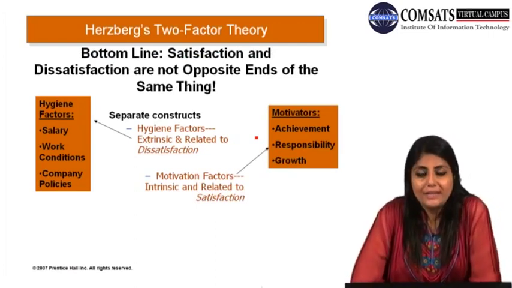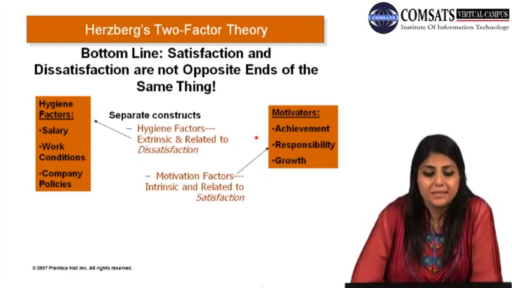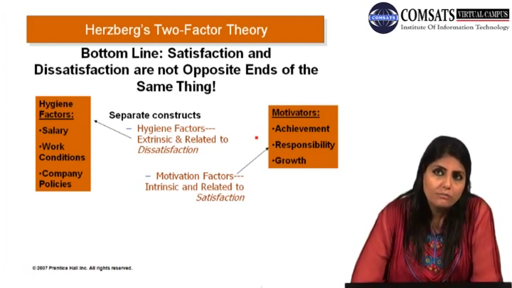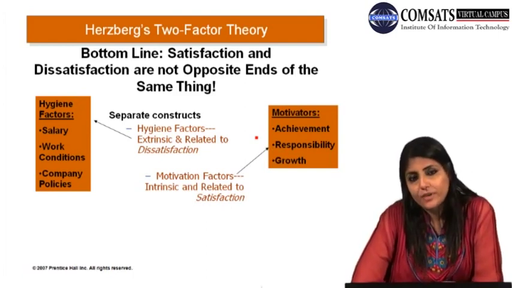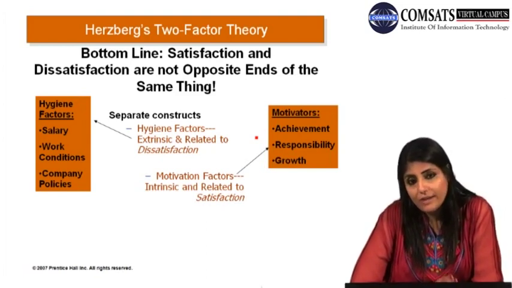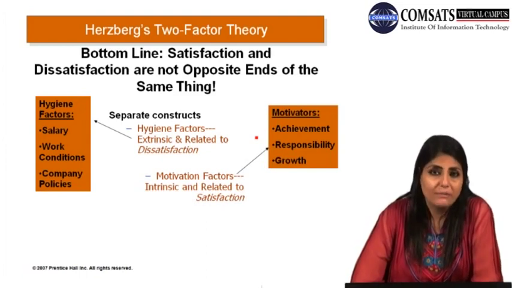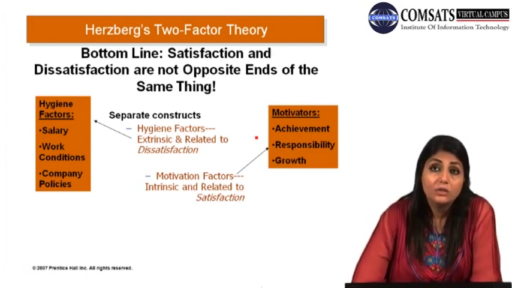Herzberg gave a very interesting theory on motivation, right? And there are also a few strengths of Herzberg's theory. Basically, he says that previous to this, as you have seen in the previous theories of motivation, motivation has been a unidimensional concept, right?